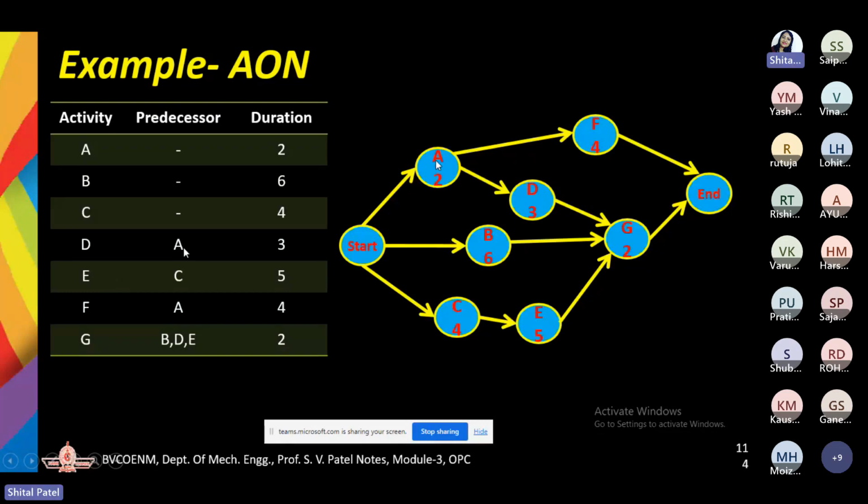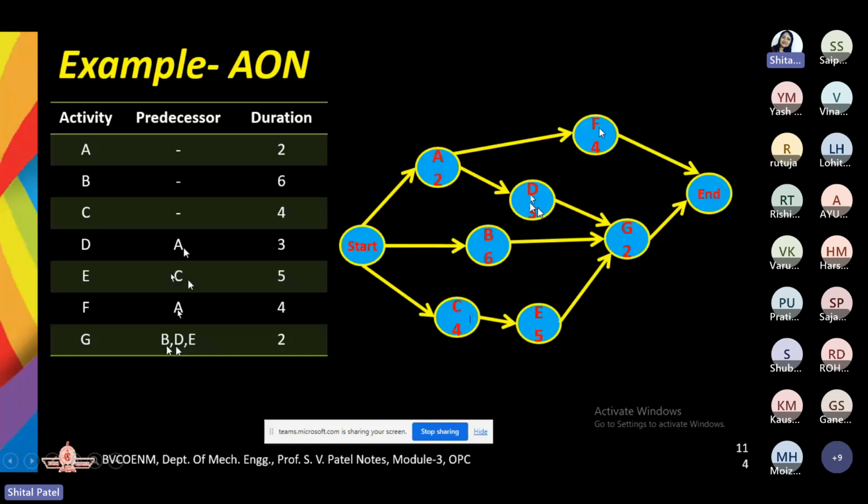So after completion of A, the arrow has been projected for D. Similarly, for E, we have the predecessor C, so the extension of C is going to be E. Then we have F as the extension of A. Unless and until A is completed, you cannot proceed with F. So we have two succeeding activities, F and D, and all are going to be merging for this G, right?